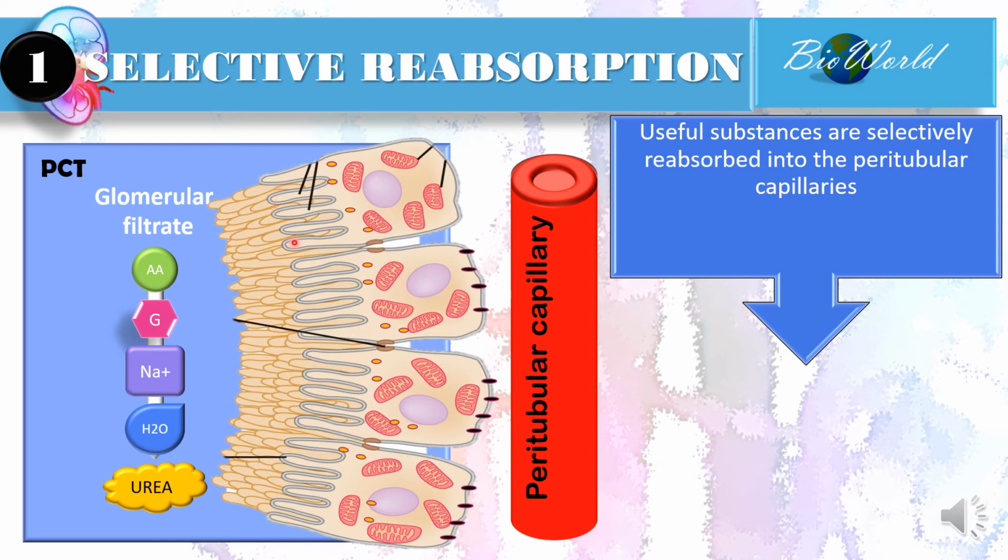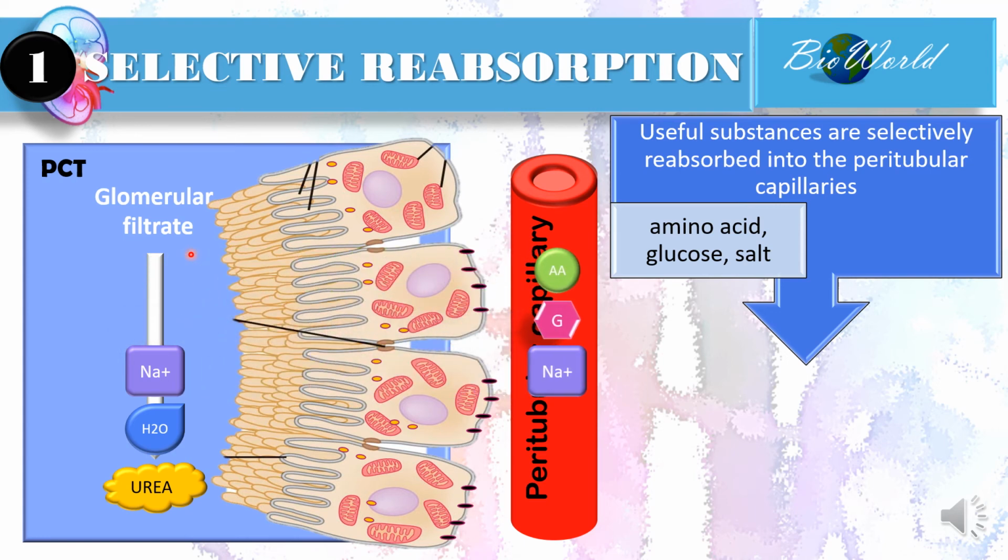These cells have a larger surface area due to the presence of the microvilli. So, useful substances like amino acids, glucose, and salt can be reabsorbed efficiently into the cells. From the cells, these substances are transported into the peritubular capillaries either by facilitated diffusion or active transport.